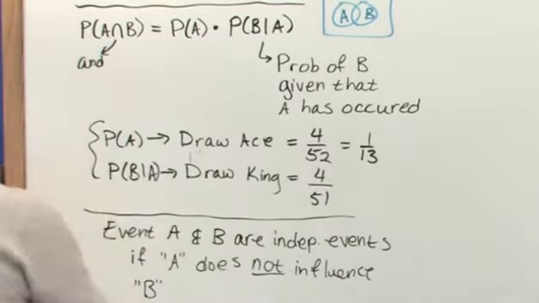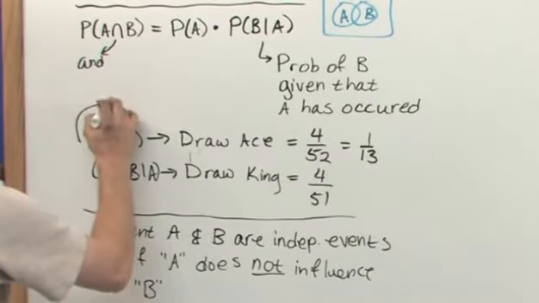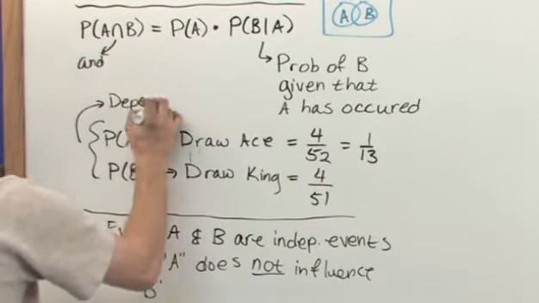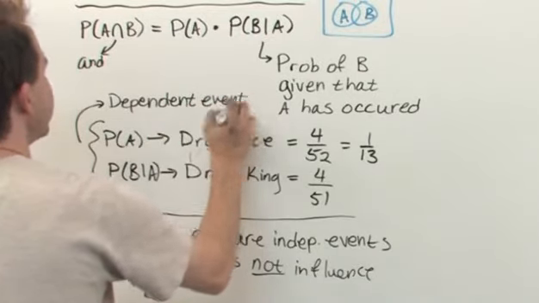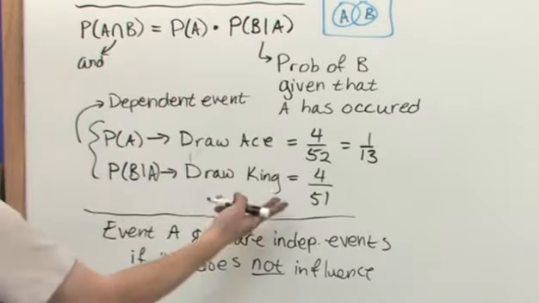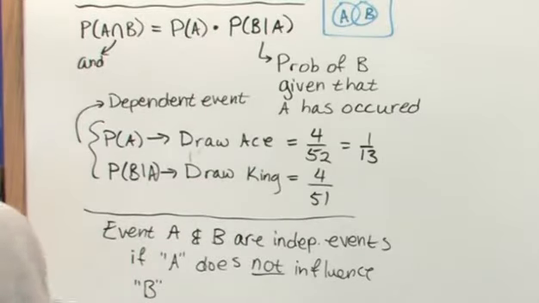So we've talked about dependent events. These are what are called dependent events, when the second event occurs and the probability is altered because of the first event. But if A and B are independent, it just means that A does not influence B at all. And how could that happen?